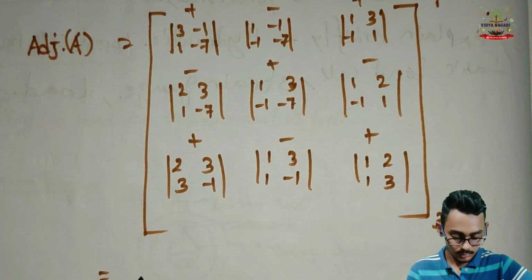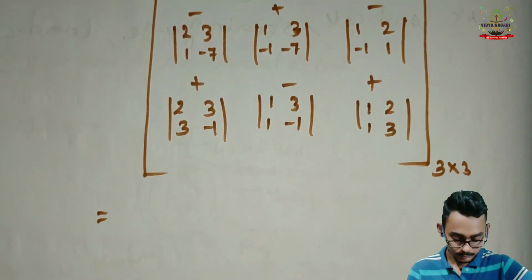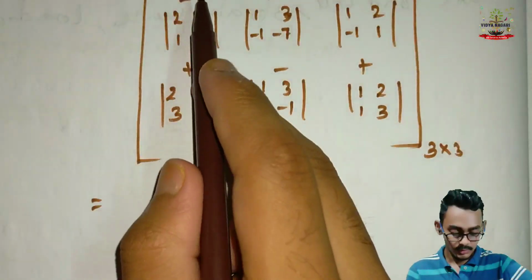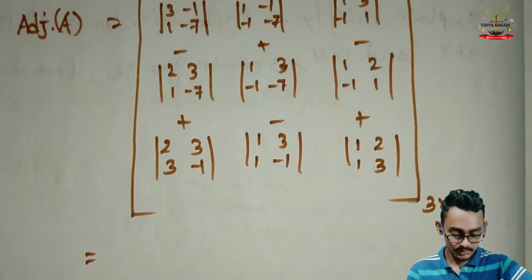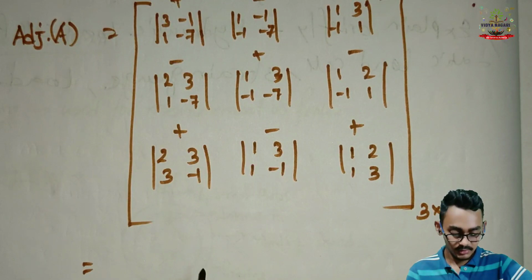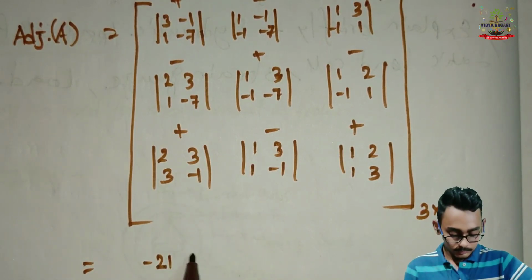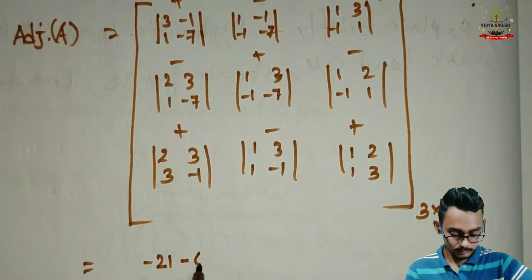Now we have to solve this. 3 into minus 7 is minus 21, minus 1.